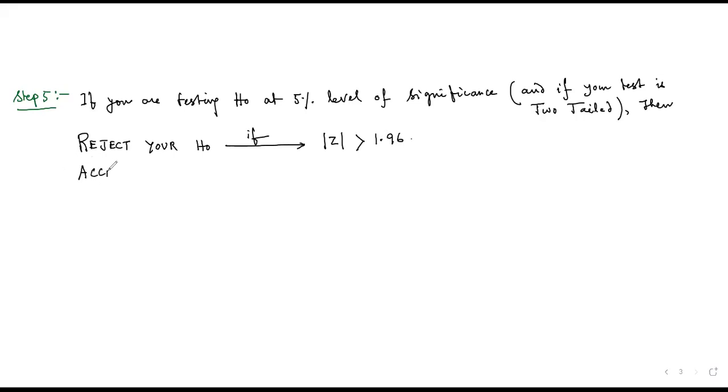Accept your H0 if mod Z is less than or equal to 1.96. This is rule number 1.